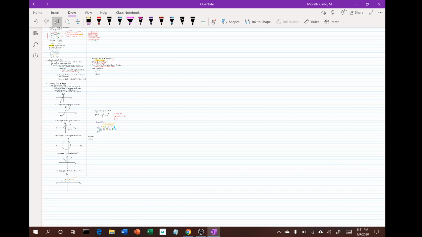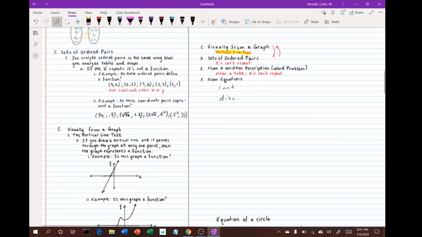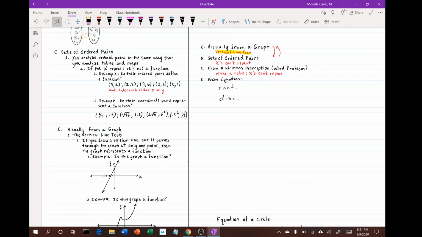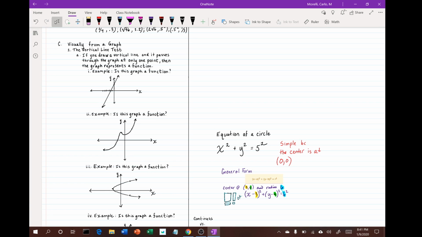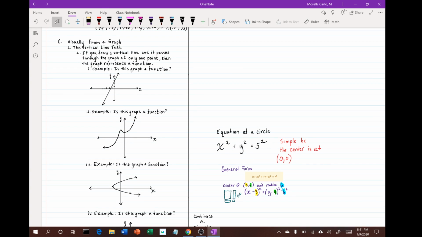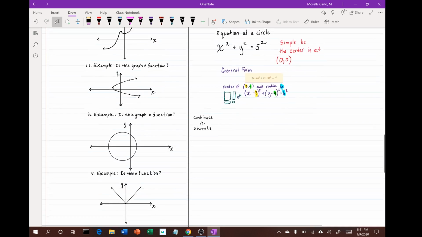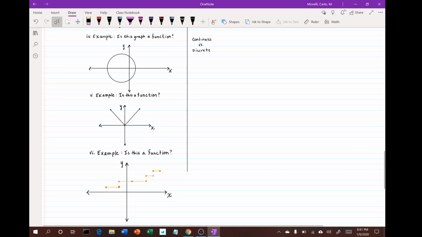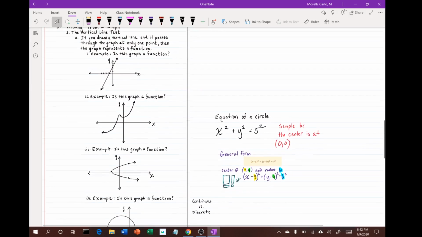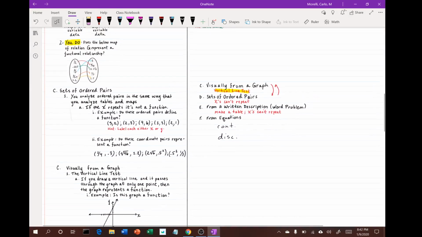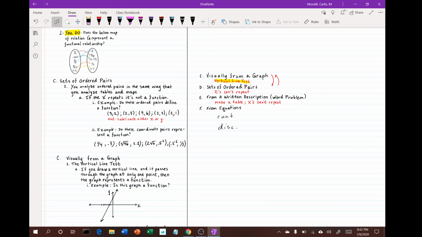Uh-oh. I messed it up. Oh no, I didn't. Okay, so now I've got it reordered correctly. So we do ordered pairs, and then we do visually. Okay? And I've lost the color. Okay. So we still have to do written descriptions and equations.